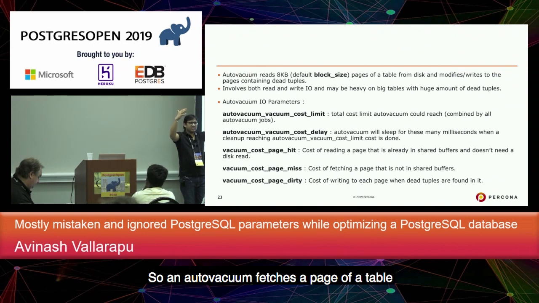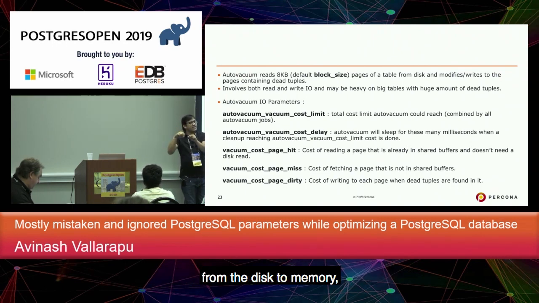That's clear, right? So an AutoVacuum fetches a page of a table from the disk to memory, deletes the dead tuple, and updates the free space map so that that space can be reused by a future insert.